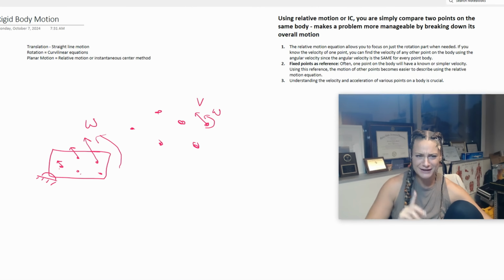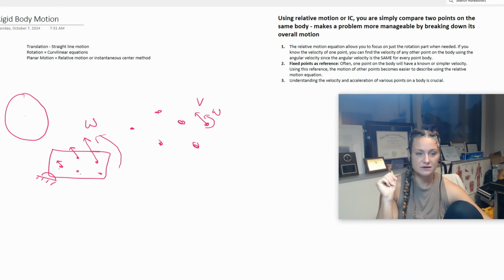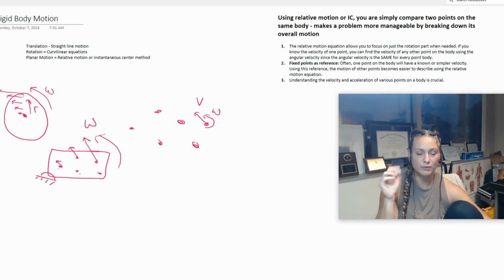We also saw this in the class when we talked about acceleration: as you move out like this, your linear velocity will increase as your radial distance increases, while your omega stays the same. It's the same thing here. So each particle could be different, but on a rigid body, no.